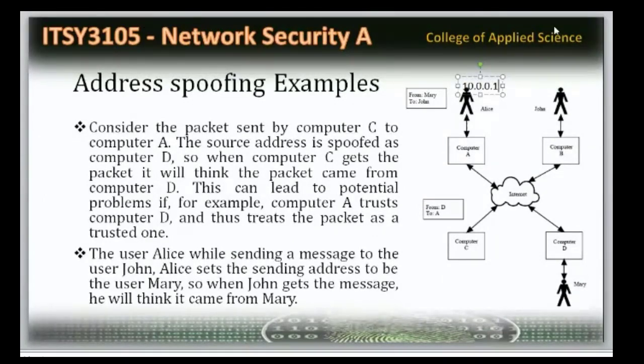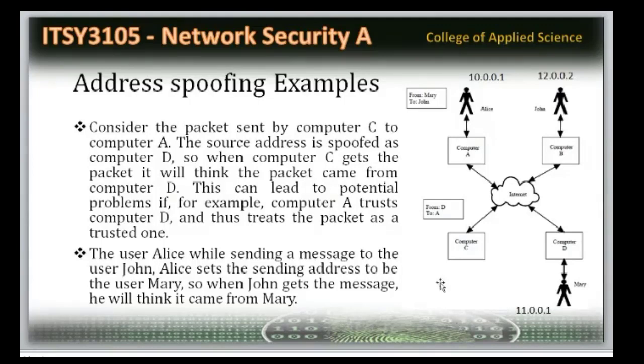The IP address of the second user is 10.0.0.2. The third user is sitting in a different network, so we use a different IP address, 11.0.0.1, and let it be 12 here. They are all sitting in different networks: 10 is a network, 12 is a network, 11 is a network. So there are three networks available here.